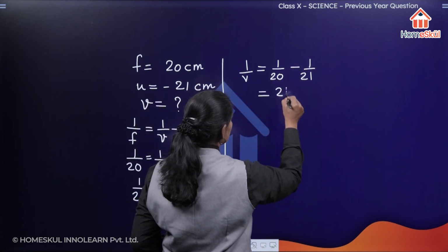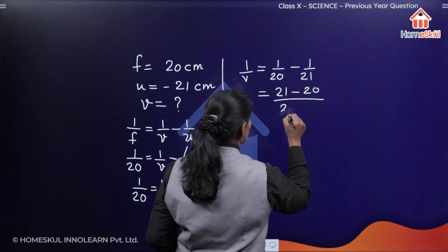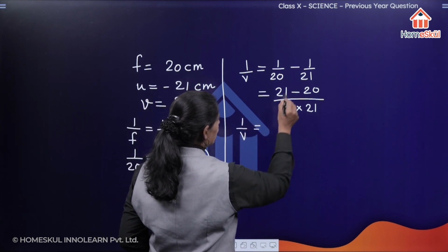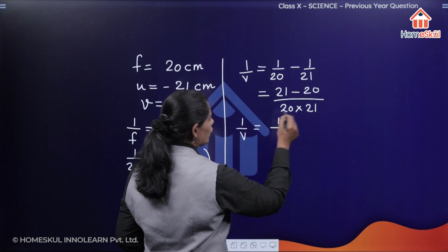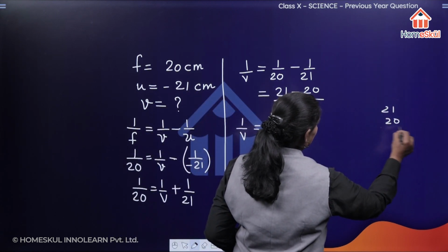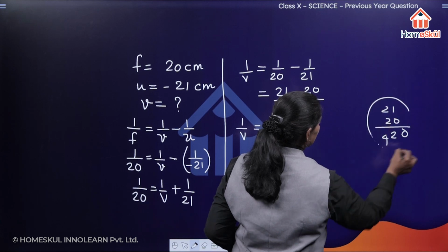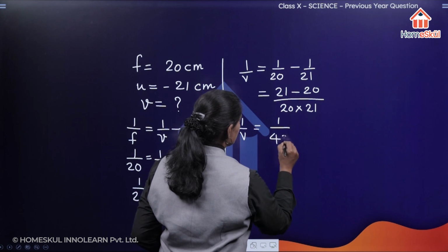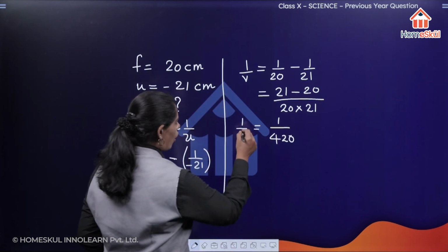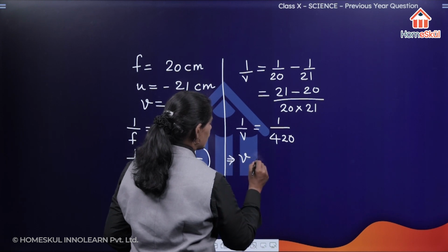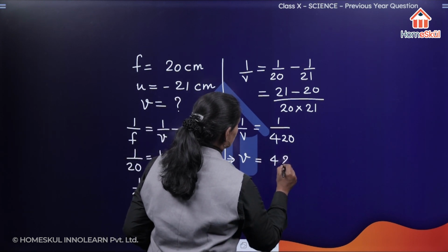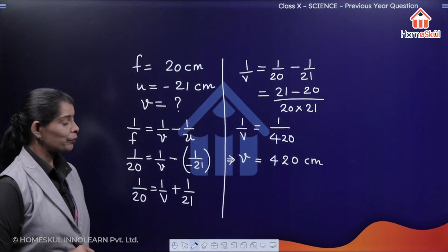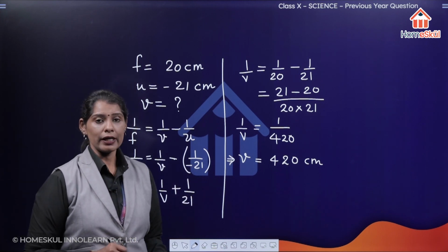Cross multiplying, we get 21 minus 20 by 20 into 21. Or 1 by V comes out to be 21 minus 20 is 1, by 20 into 21. So 20 into 21 comes out to be 420, right? Or taking the reciprocal, we get the value of V to be equal to 420 centimeter, right? Clear? So V comes out to be 420 centimeter.